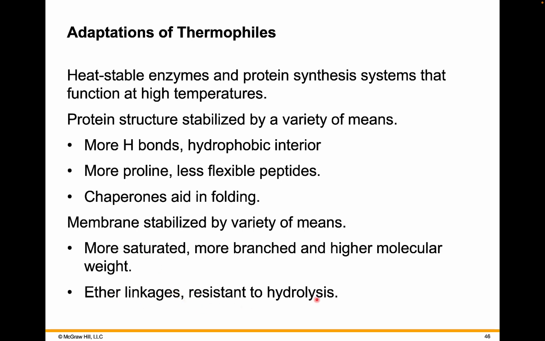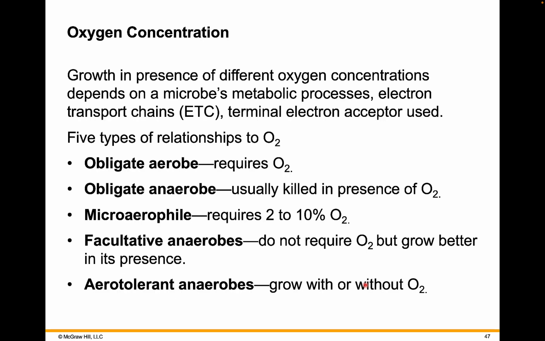And we also know that many of the archaea contain ether linkages, and these ether linkages can also be covalently bonded, and they can form monolayers which are extremely stable at very high temperature, which we see in the archaea. We have talked about that before. And many of these structures are resistant to hydrolysis at higher temperature as well. So these are some of the adaptations of the thermophiles.